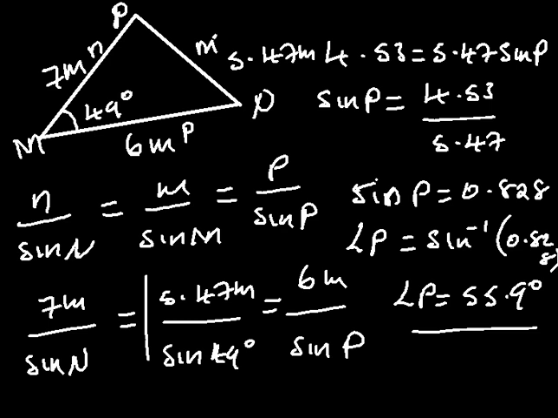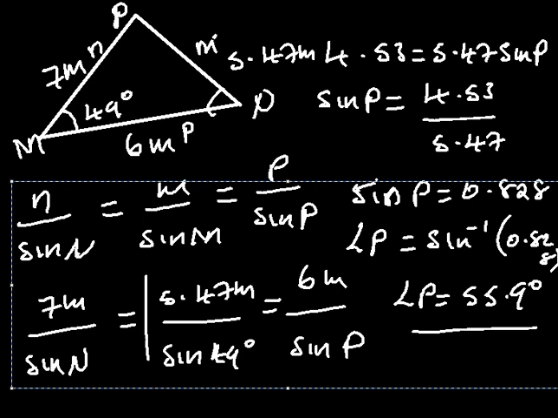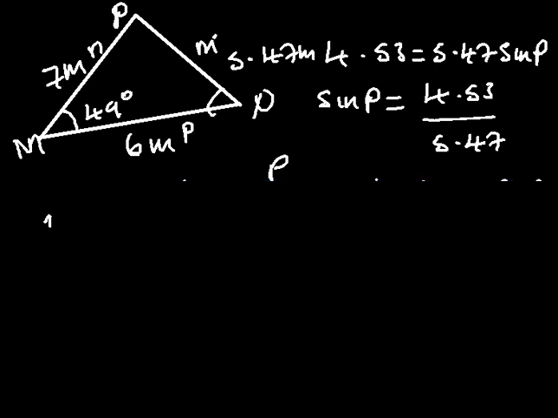We can now have the value of the angle N using the angle sum of a triangle theorem, which states that angle P plus angle M plus angle N is the same as 180 degrees.